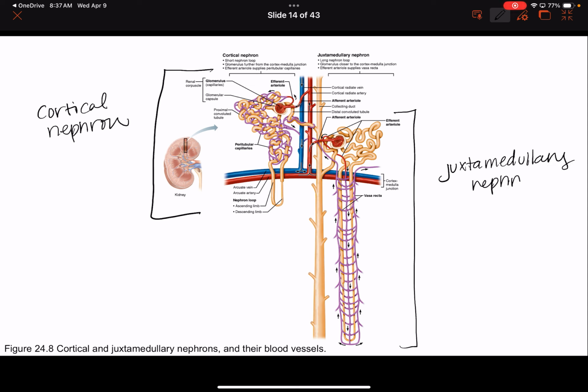You can tell the difference between the two by two different things. One, the cortical nephron is mostly in the cortex. This is the cortex of the kidney. Below the vessels here, this is all medulla. And so the cortical nephron is mostly in the cortex and has a very short nephron loop.